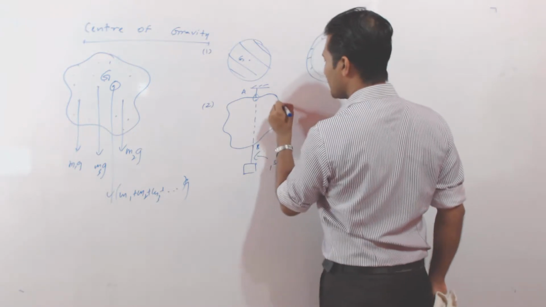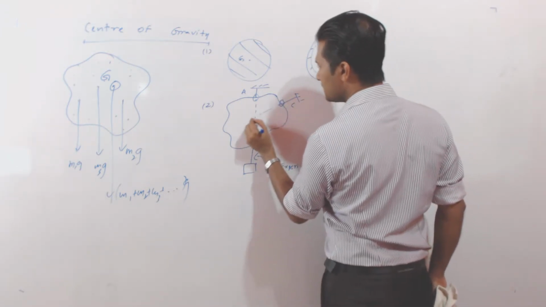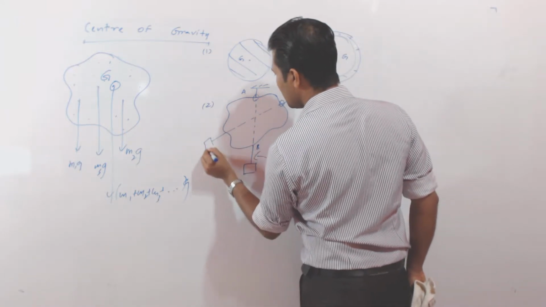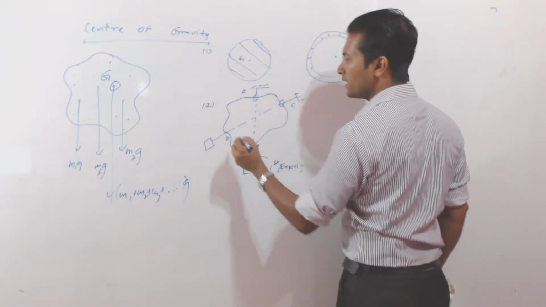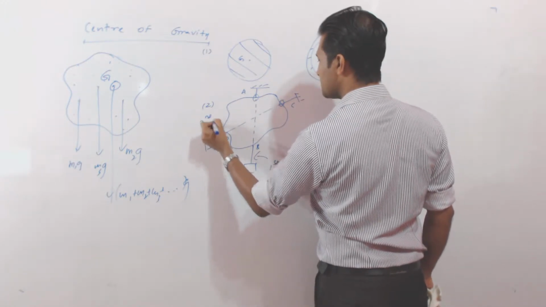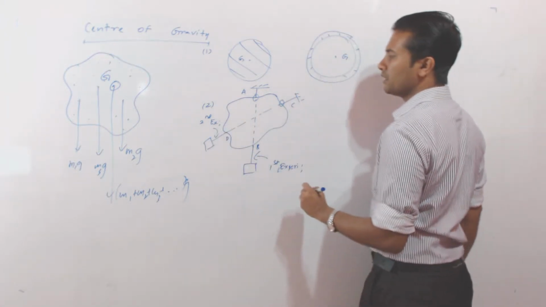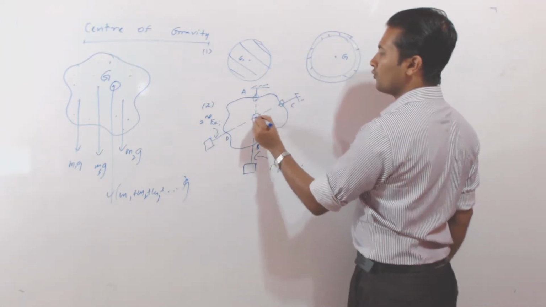Now we can consider another point like C. Then this is the vertical axis, which can be taken as D, the vertical axis according to the second experiment. What happens?